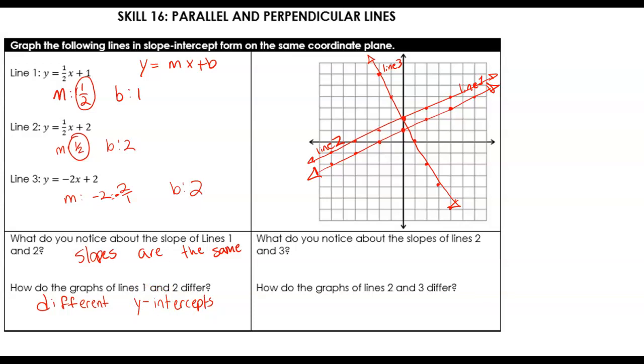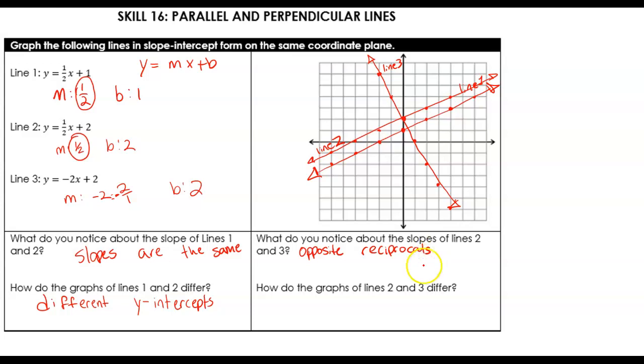And then it says, what do you notice about 2 and 3? Well, 2 and 3 have the same y-intercept, but their slopes are different. They're actually inverse. They are what we call opposite reciprocals.